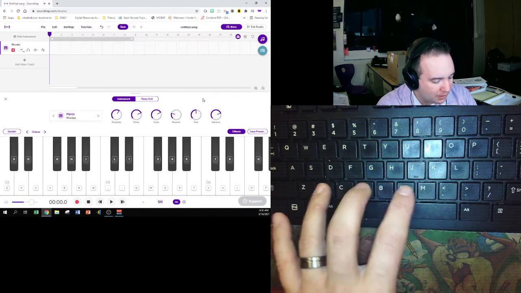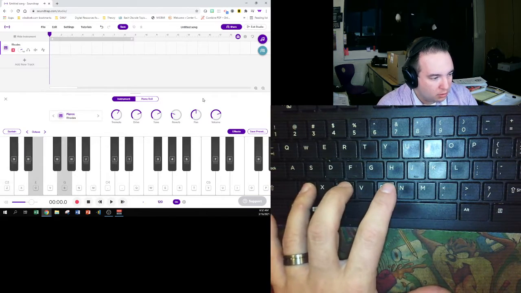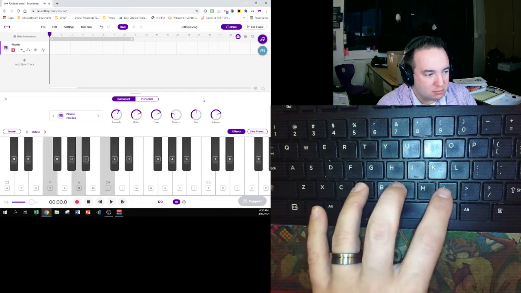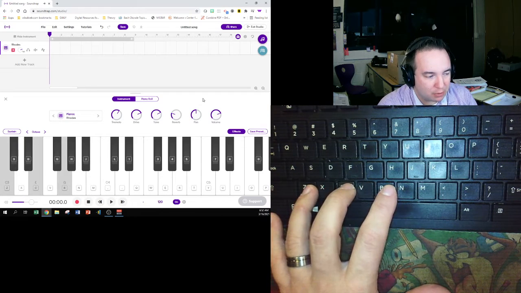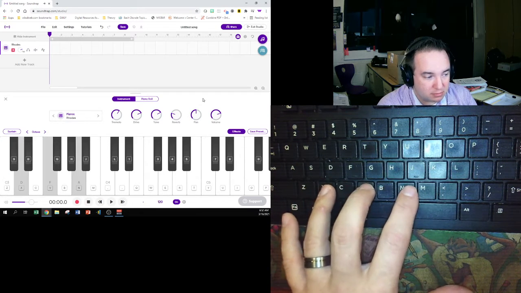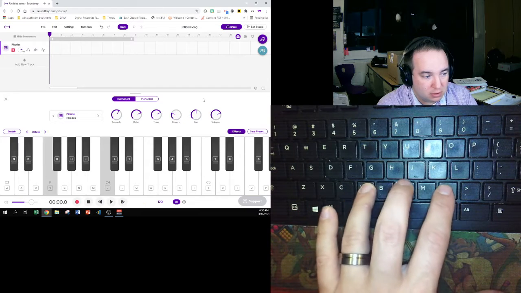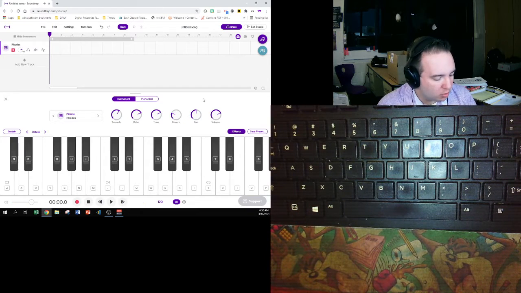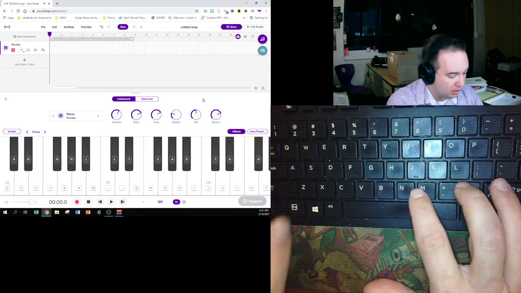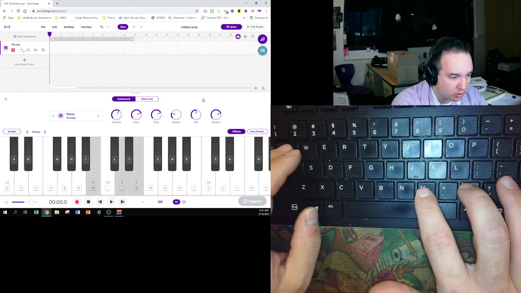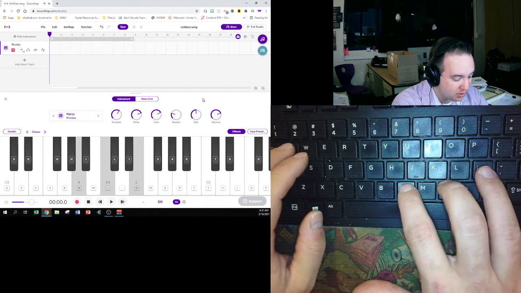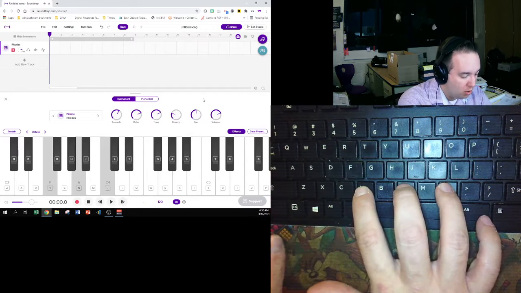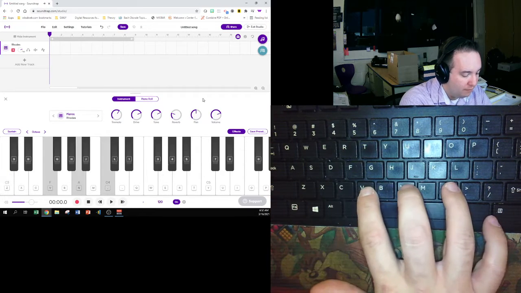Now, if we're just going up and down, this bottom voice is moving really smooth. It's moving by step, right? So is this middle voice. But if I start jumping around with chords, let's do that chord progression we did earlier, 6, 4, 1, 5.